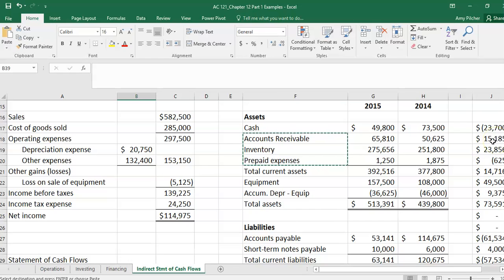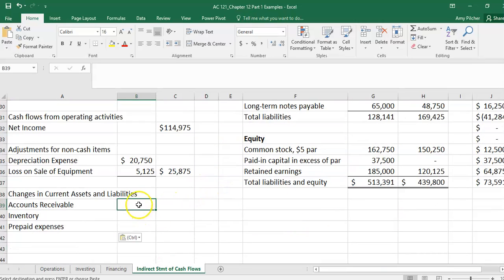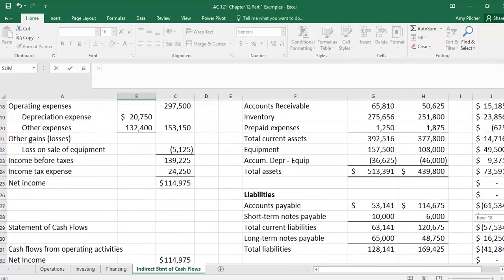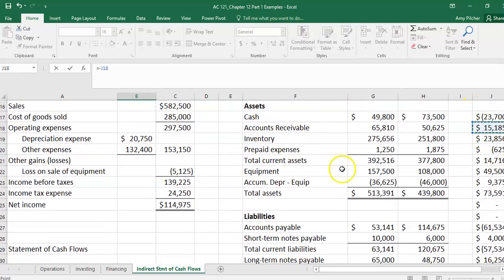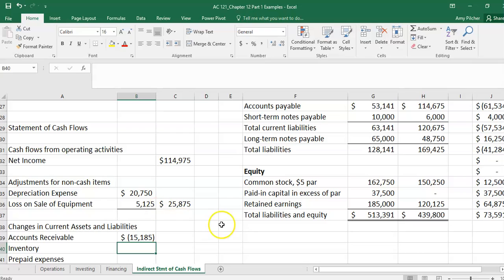So remember, increases are subtracted. So increases in current assets are subtracted, decreases in current assets are added back. So we're going to subtract this change in accounts receivable. And I'm just going to go ahead and make that a negative number by putting the negative in there and then selecting the change that we calculated.